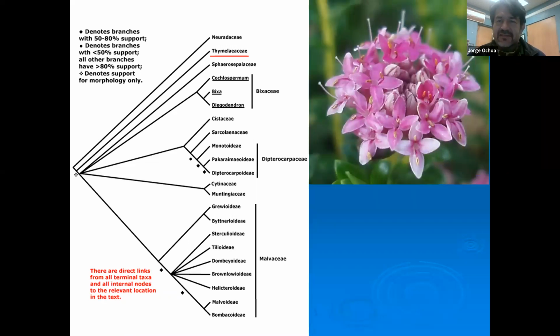So we have the Thymelaeaceae, which is characterized by the genus Daphne. Here are the flowers that would be representative of this family.